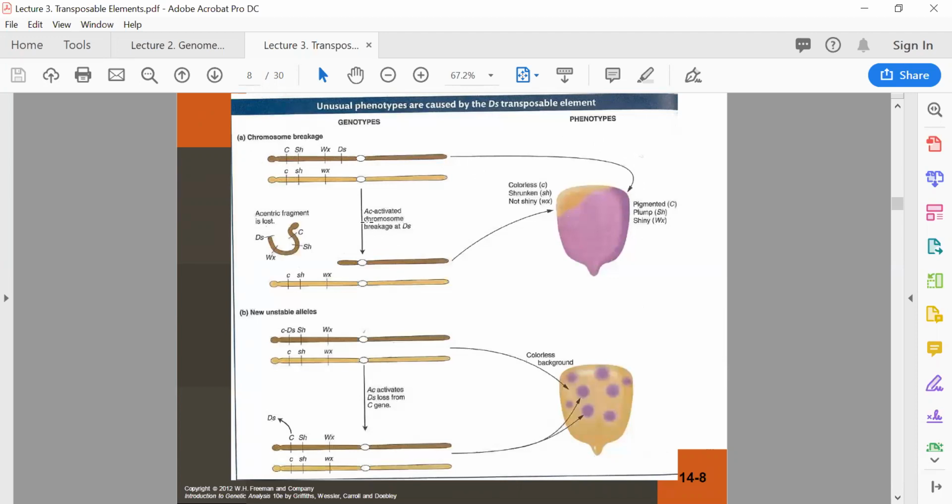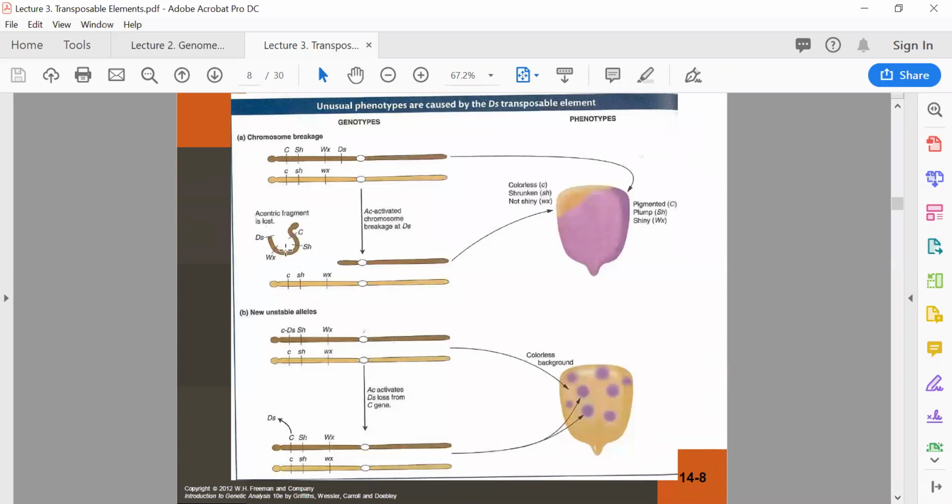All right, now let's look at what happens when this DS element is activated by the AC element to break the chromosome. And that's what we can see in this part here. So the AC activates chromosome breakage at the DS site.